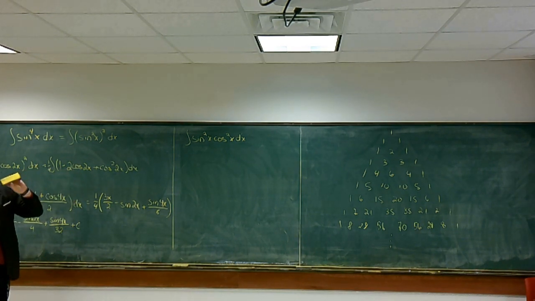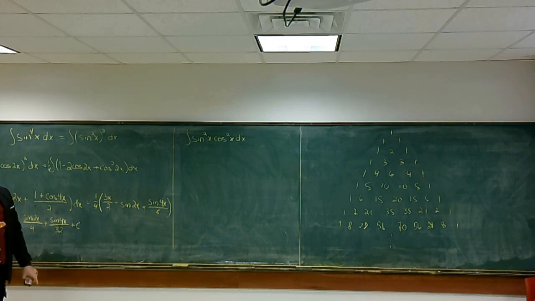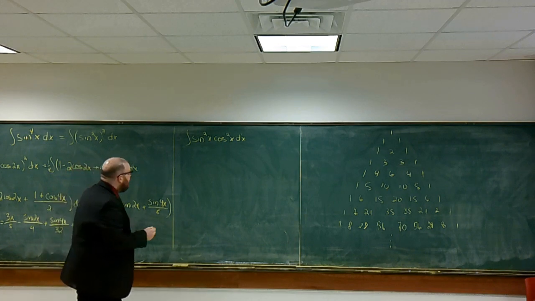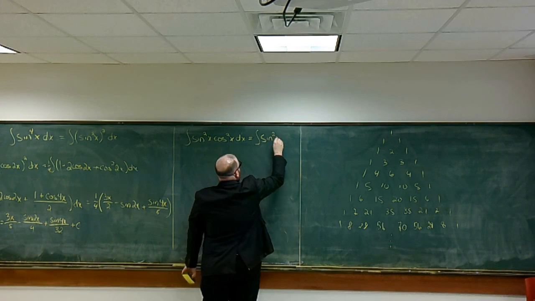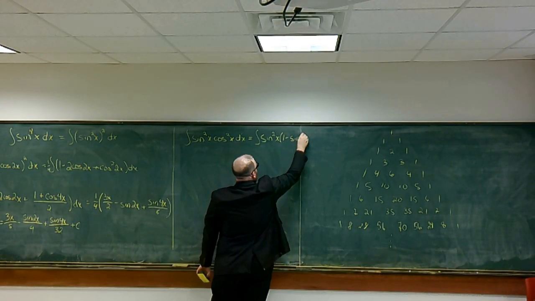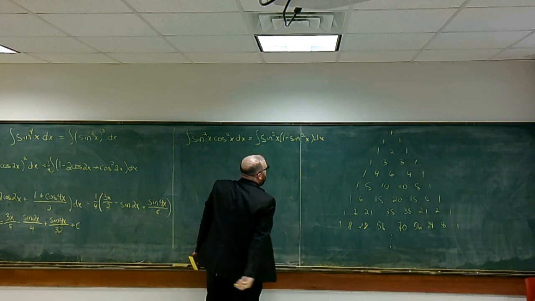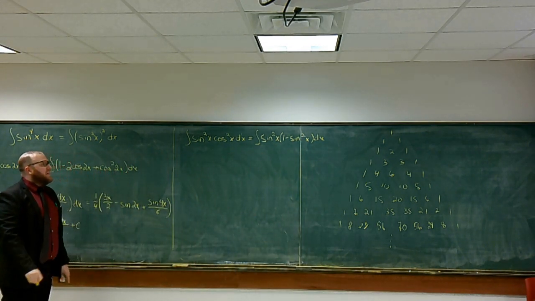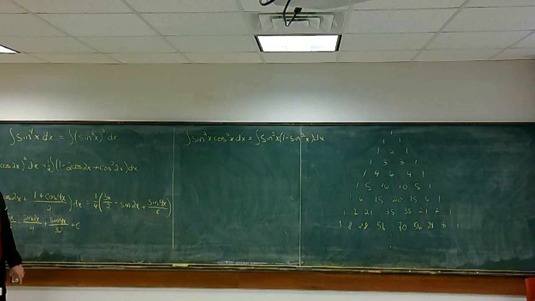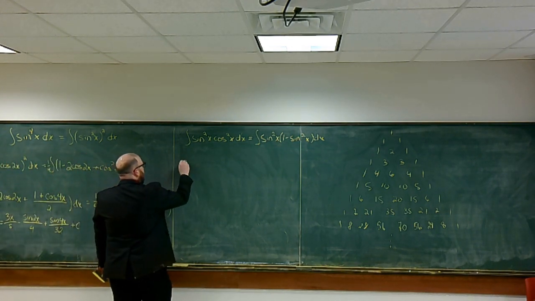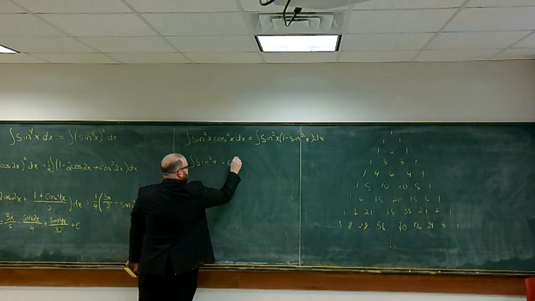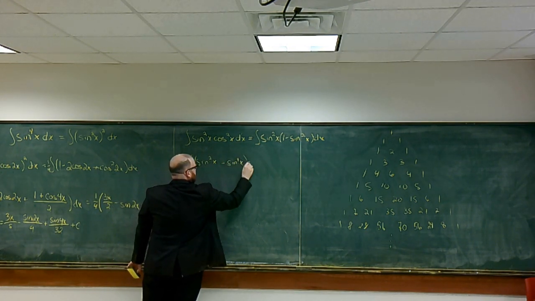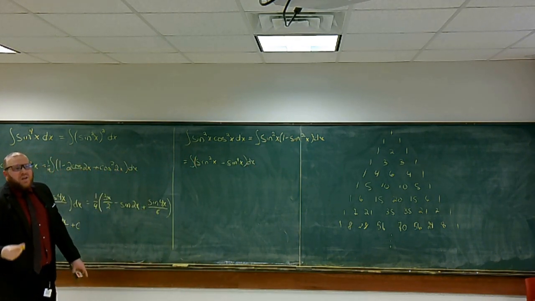I'm going to pick cosine squared here. So I'm going to keep sine. Rewrite cosine squared as 1 minus sine squared. Distribute that sine squared through. This is why I changed cosine and not sine.